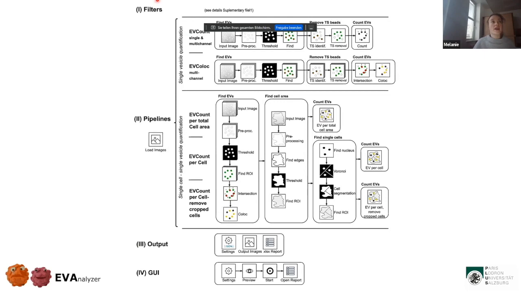So first of all, we have different filters which are used from Fiji mostly, and they are just a bit altered because we wanted the analysis process to be faster. And then we created different pipelines to really get single vesicle quantification and also single cell single vesicle quantification. Then we have the output and the graphical user interface.